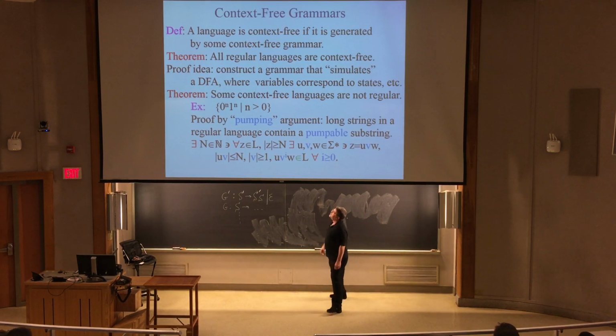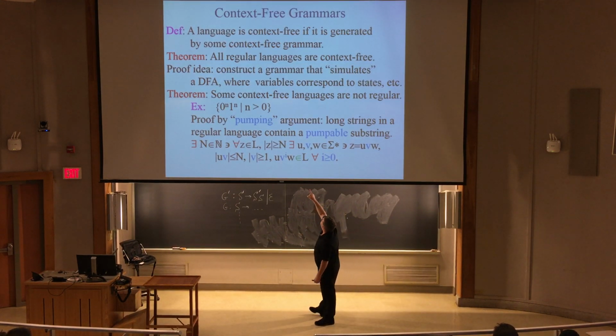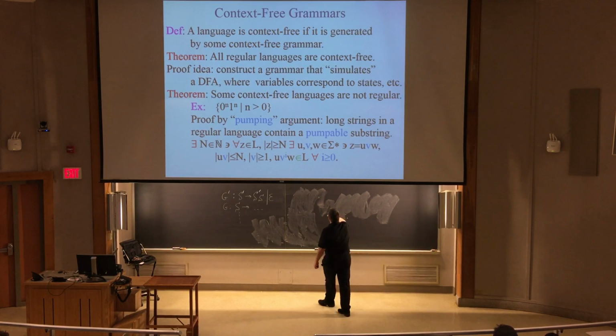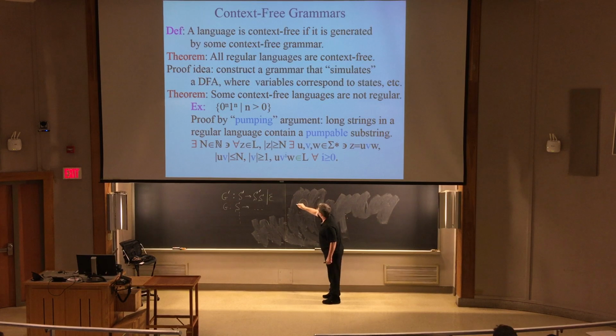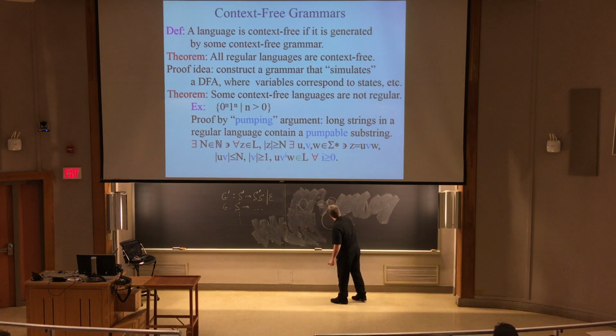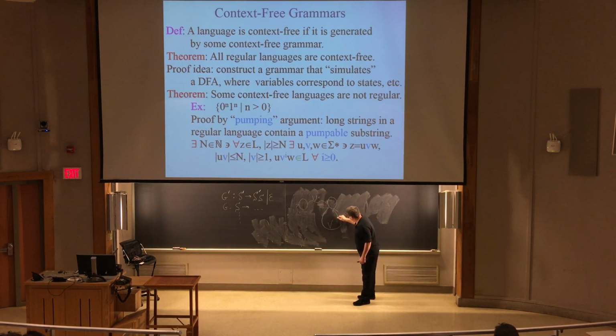So it started here at the initial state. It went to some state which then cycled, and that's called this string u, the string u that caused it to get from the start state to this state, the string v that caused it to cycle, right? And there could be many other states here. I'm just drawing it conceptually.